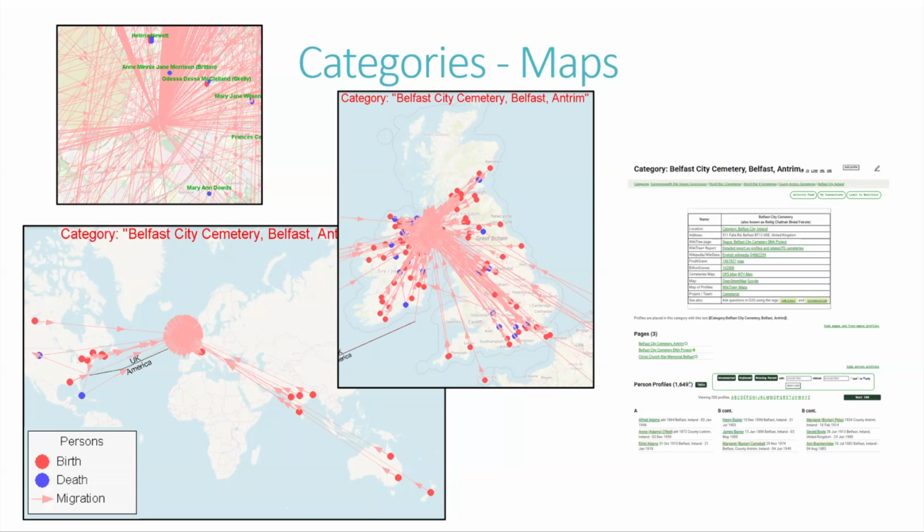So the city corporation, or the Belfast Corporation at that time, then decided to create this city cemetery, which was at that stage on the edge of the city.